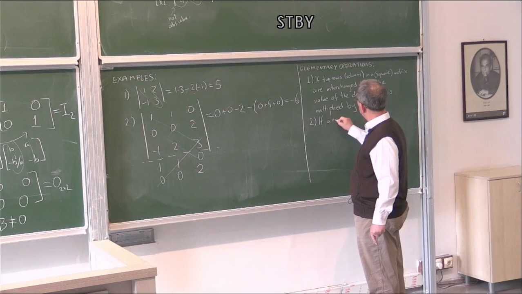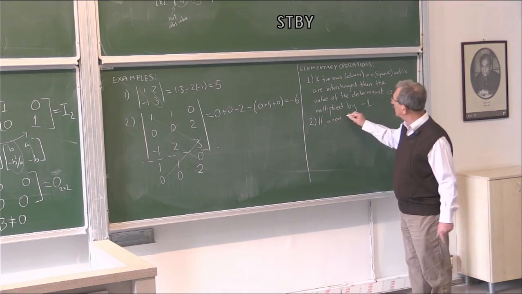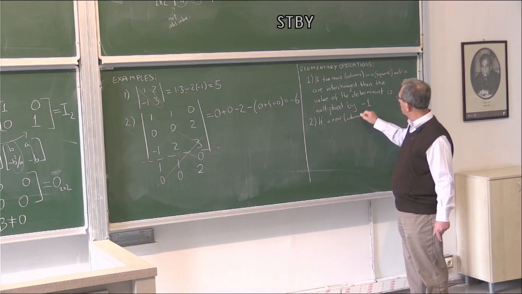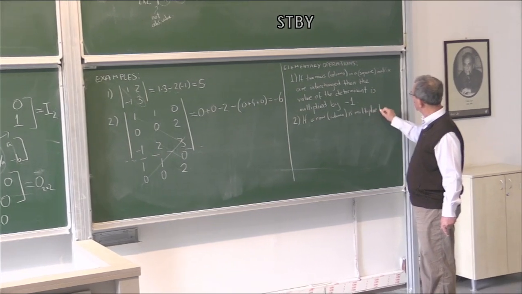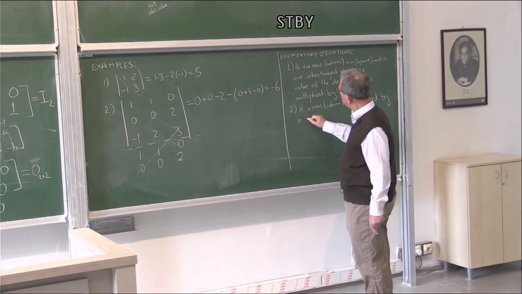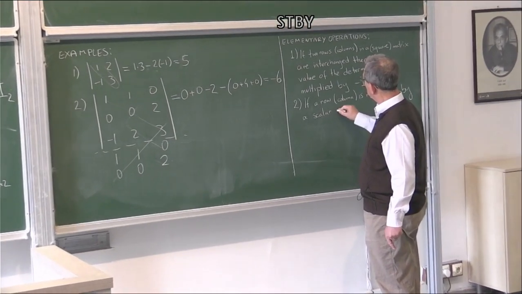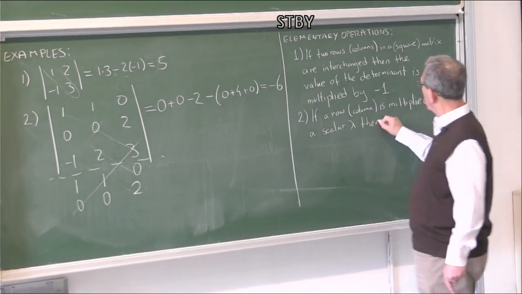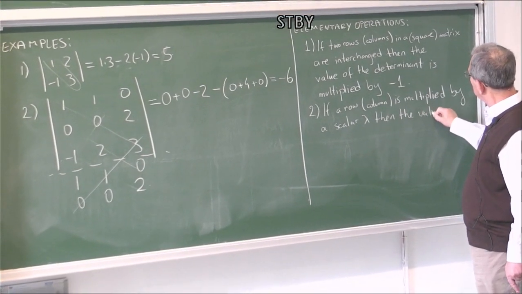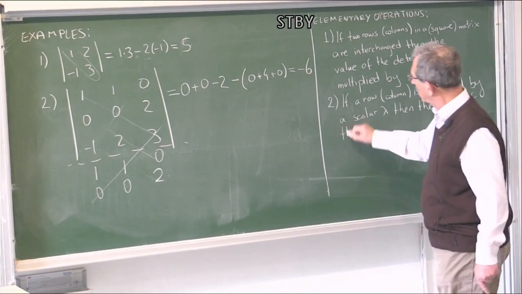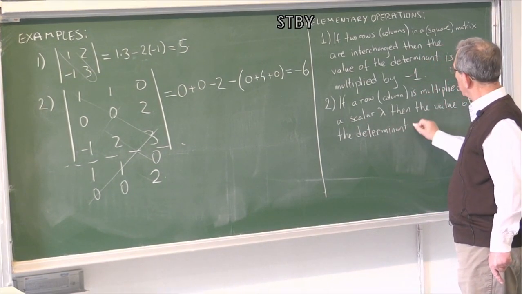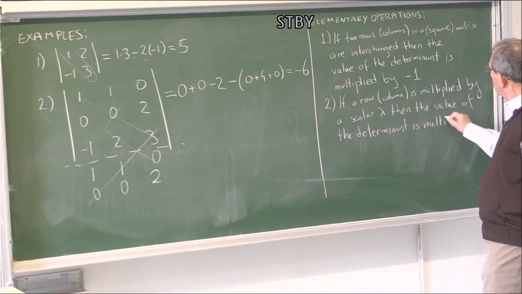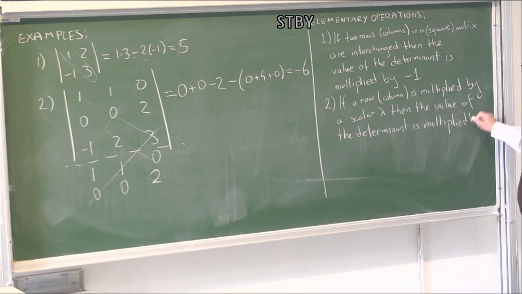Secondly, if a row, of course term-wisely, or a column is multiplied by a scalar, lambda, then the value of the determinant is multiplied by this scalar.